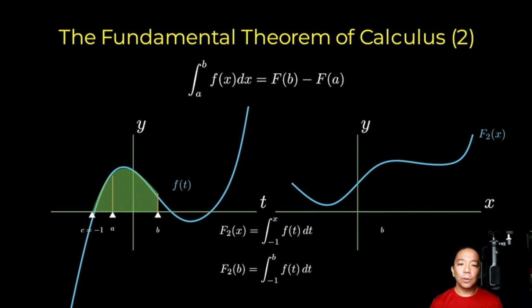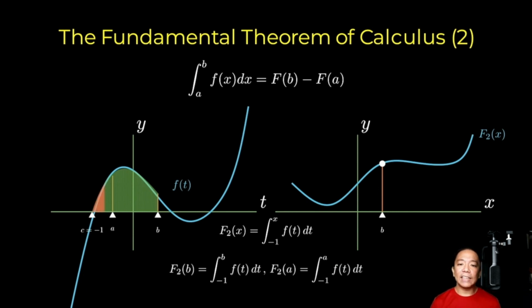Now let's take a look. Pinlot ko lang siya sa right side kung nasan siya dun sa graph natin. Yung value nung definite integral nung region na yon as plotted on a Cartesian plane, yung y value is equivalent to the definite integral. Now, let's take a look at F sub 2 of a, the definite integral from negative 1 to a. Oops, nagsimula na siya mag-shade. So, actually, ito yon, no?